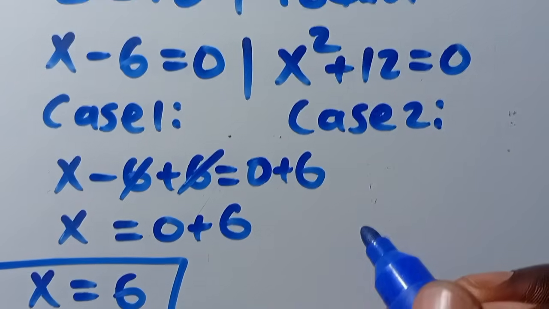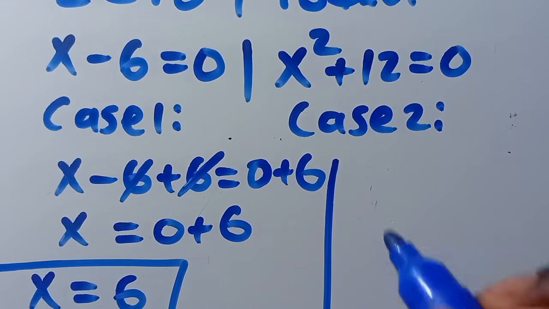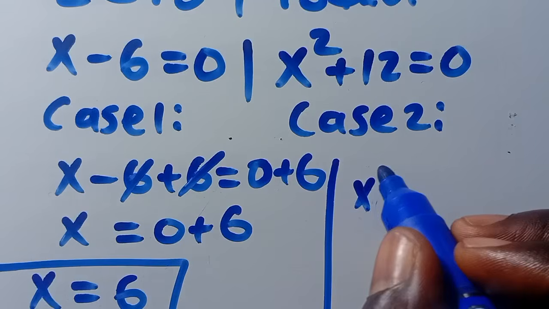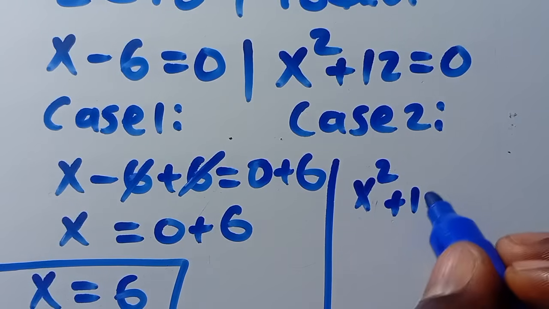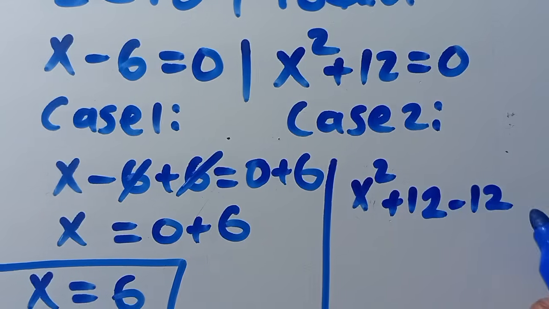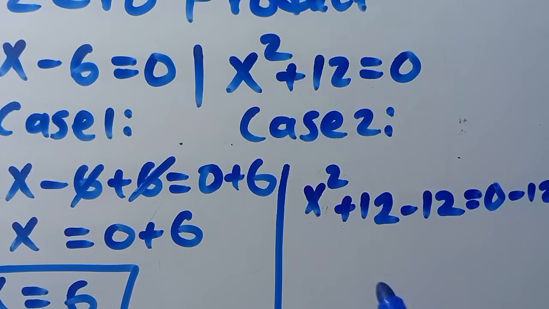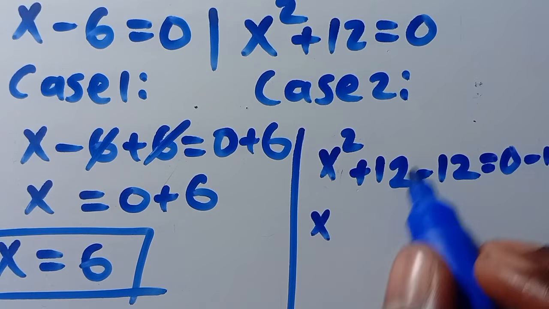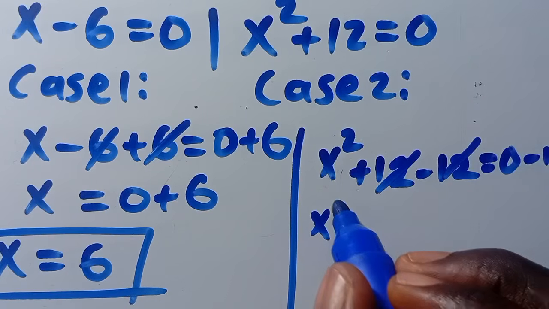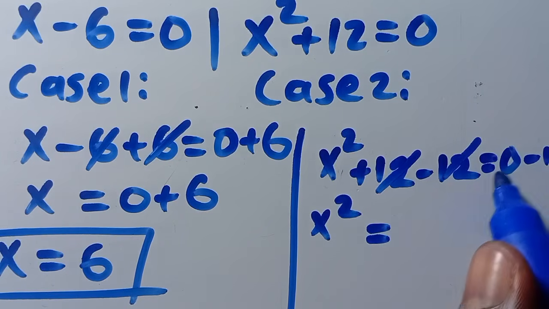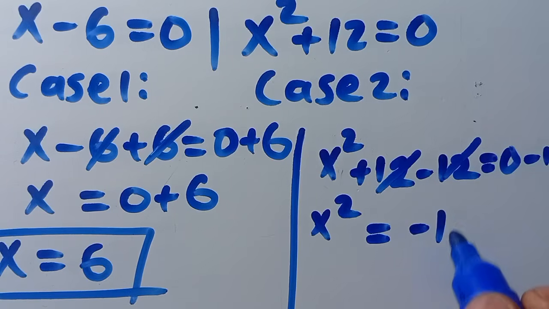And likewise for this, x^2 + 12, subtracting 12 from both sides. This will be equals 0 minus 12. So we have x^2 = 0 minus 12, which will be minus 12.